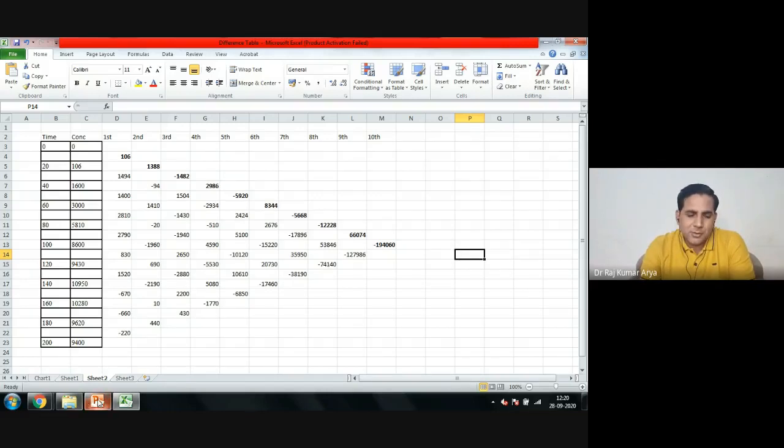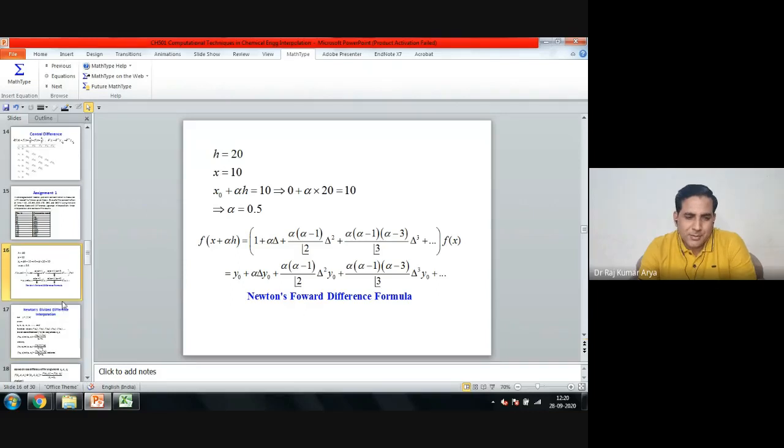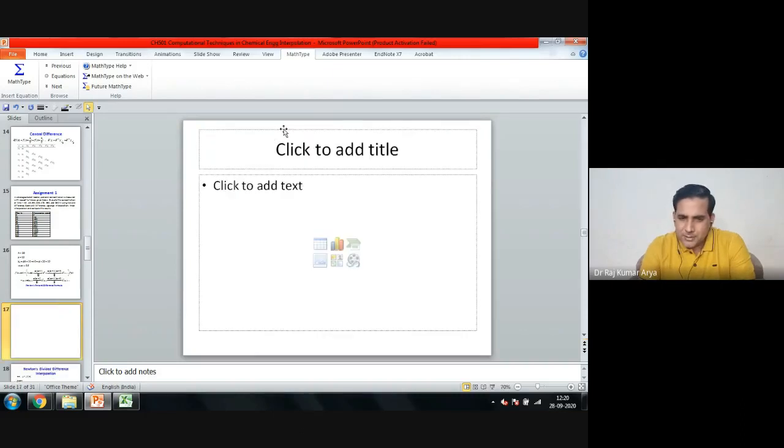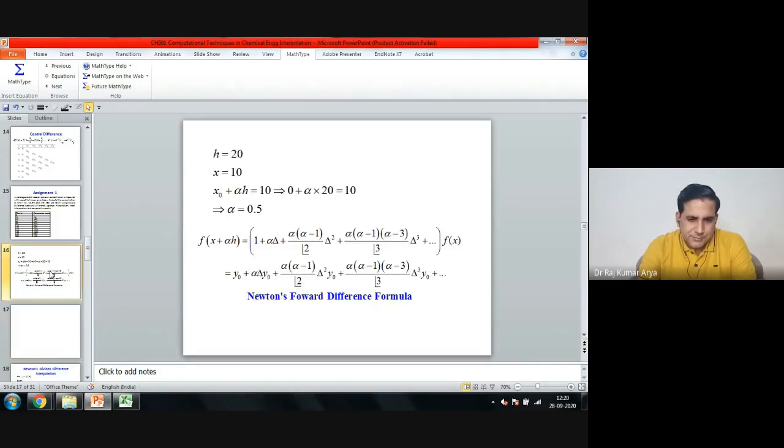Can you substitute all of them in this equation and tell me the answer? Substitute all of them here. Try it for one or two minutes, because your time is limited.